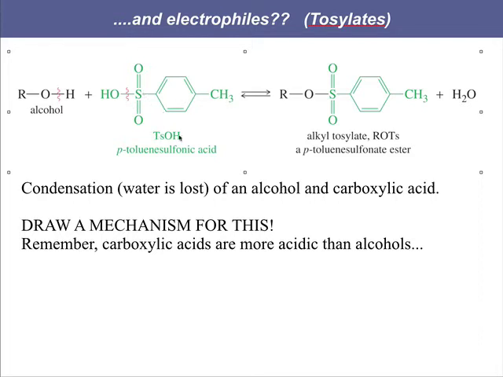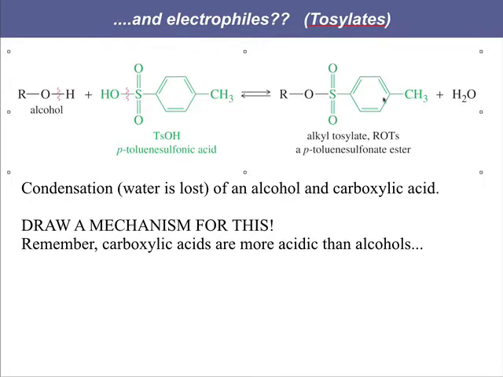So, tosyl OH. In this process, the alcohol reacts with the toluene sulfonic acid. The H from the alcohol and the OH from the toluene sulfonic acid come off to make water, and you end up connecting your alcohol oxygen to your paratoluene sulfonic acid sulfur, and this is called a tosylate.